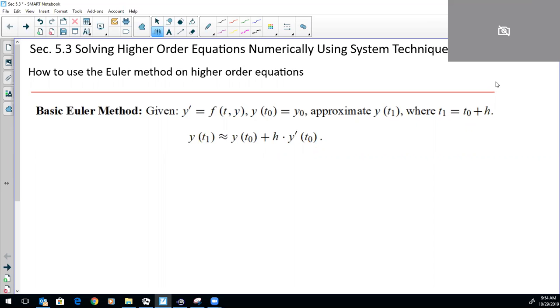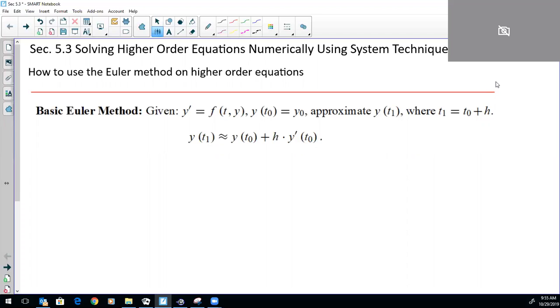What we're going to be looking at is section 5.3. Now there's a fair amount in section 5.3, but I'm not going to be going into some of the Runge-Kutta aspects of it. But we're looking at how we can solve the higher order differential equation using the Euler method.